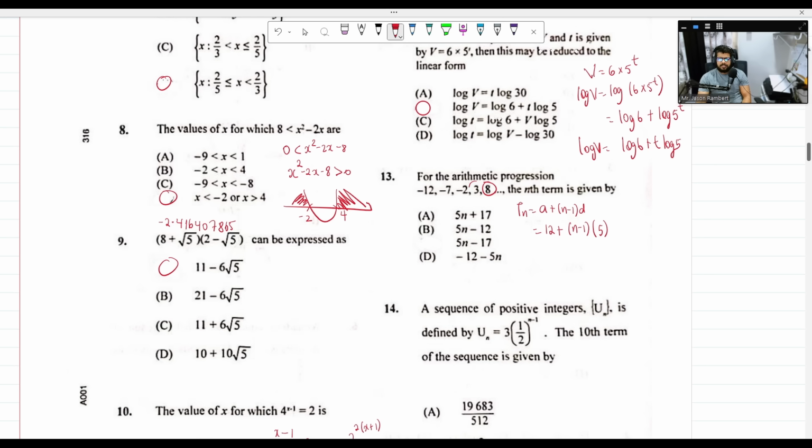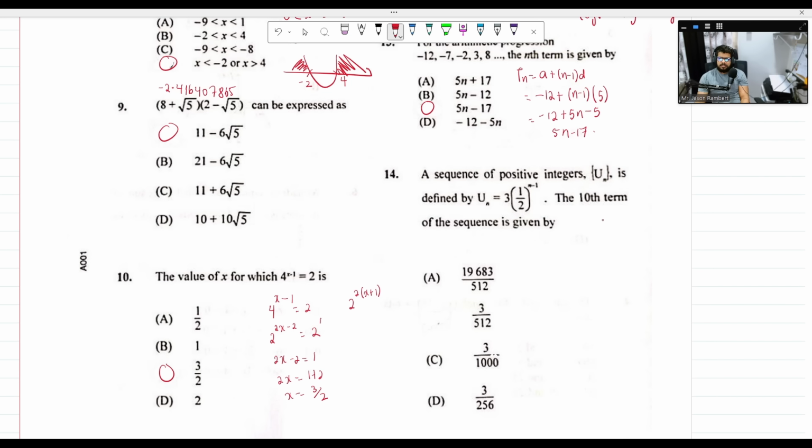I'm just going to say 8 take away 3, and I get 5. So 12 plus 5n minus 5. Sorry, a is minus 12. So minus 12 minus 5 is minus 17. So 5 and minus 17. The answer is C.